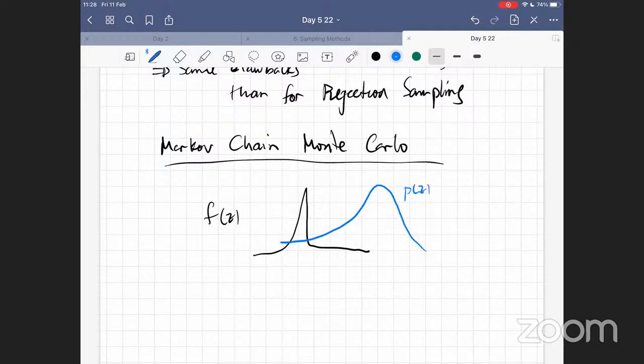Yes. So if we sample from P of Z, then we won't get the correct expectation value of F. Yes. But we can solve this problem by using Q, I guess. Or no?